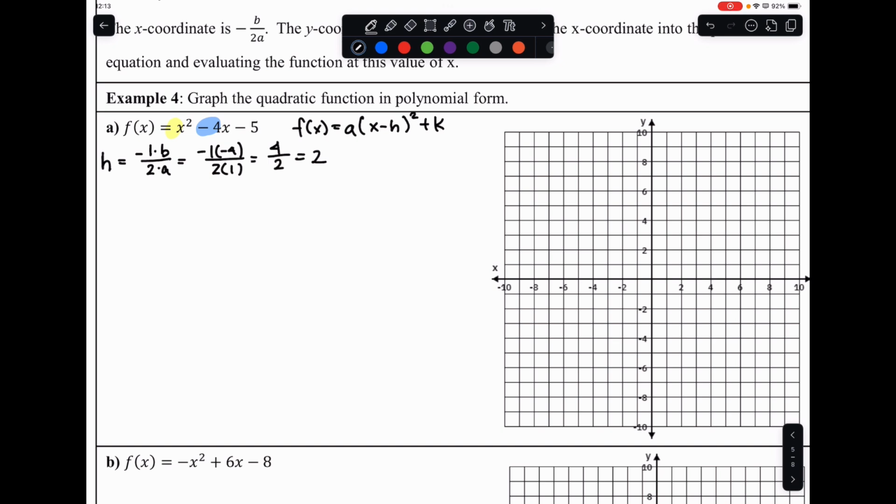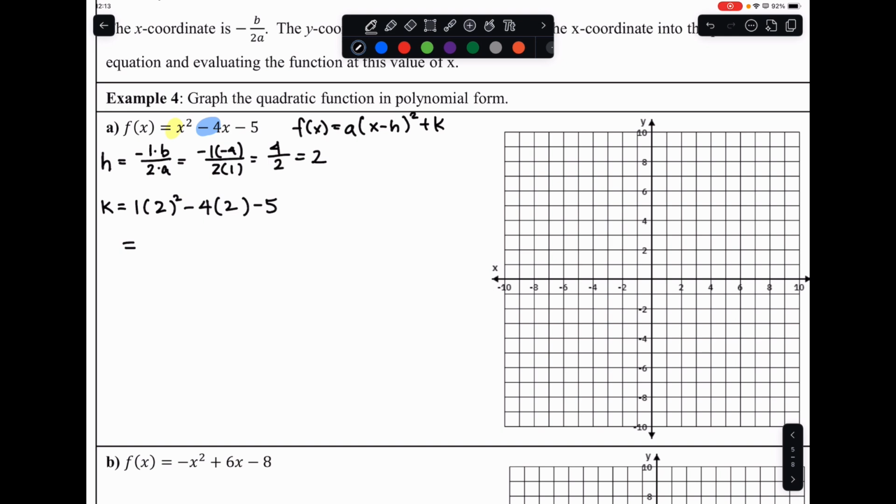Now to figure out the vertical shift, again the y coordinate of the vertex, we're now going to plug in this number 2 into the x values of the function. So since the function is 1 times x to the second power minus 4 times x minus 5, plugging in the number 2 in there, we're going to end up with a total of negative 9, I believe.